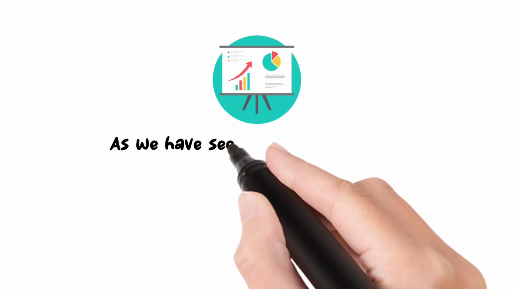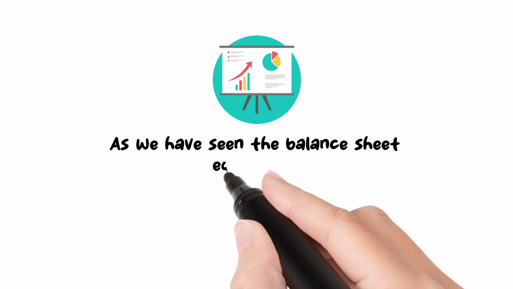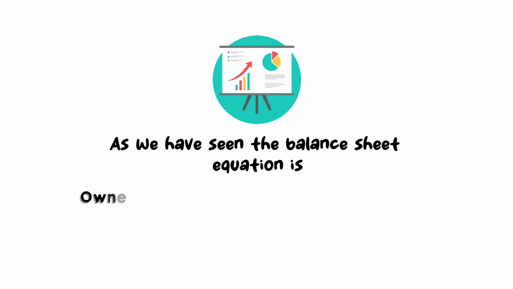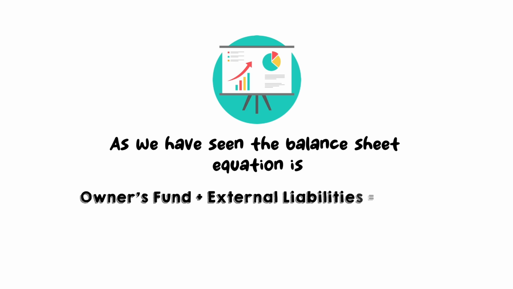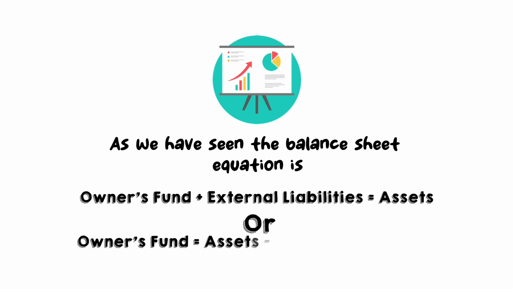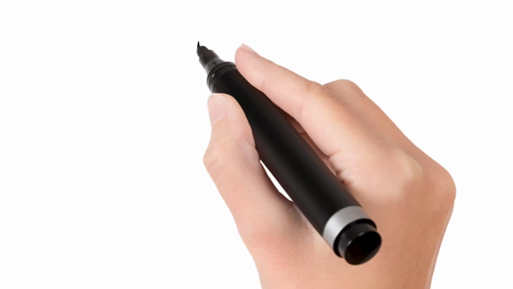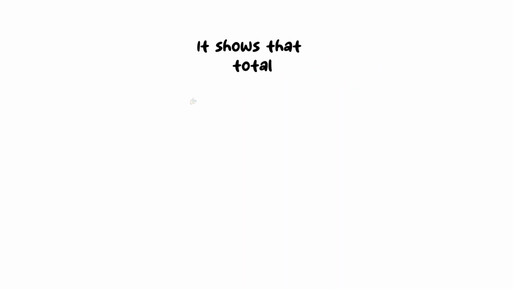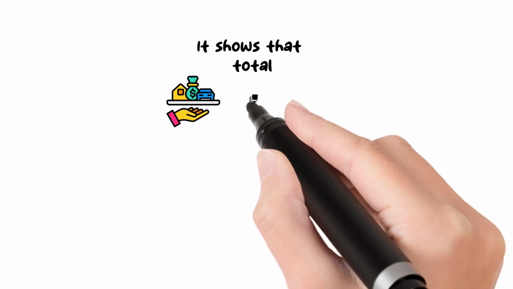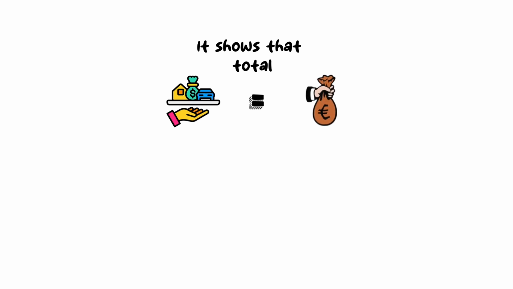As we have seen, the balance sheet equation is owner's fund plus external liabilities equals assets, or owner's fund equals assets minus external liabilities. It shows that total assets are equal to total liabilities.